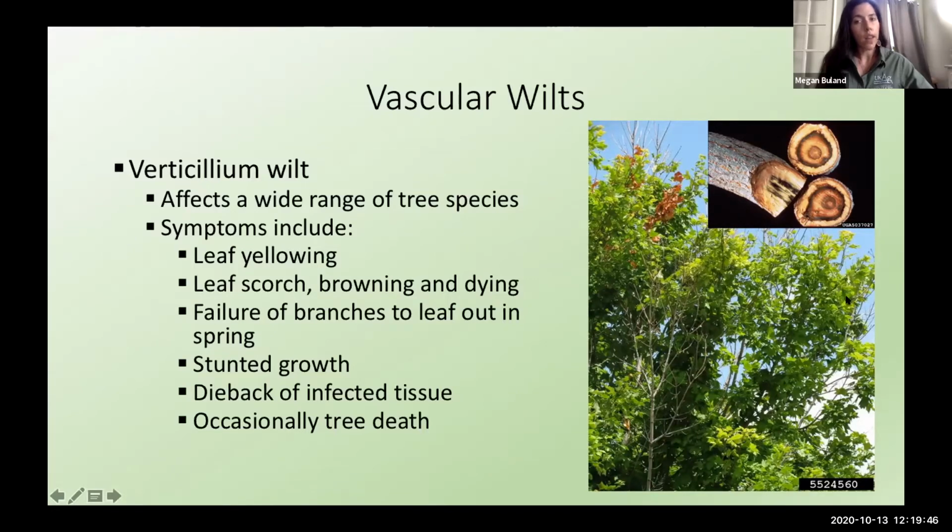That's a classic symptom of a lot of vascular infections, a brownish discoloration inside the cambial or vascular system of that tree. And that's something that an arborist might look for. They might look for staining inside the tree to see if possibly there is a vascular wilt like verticillium wilt impacting your tree.